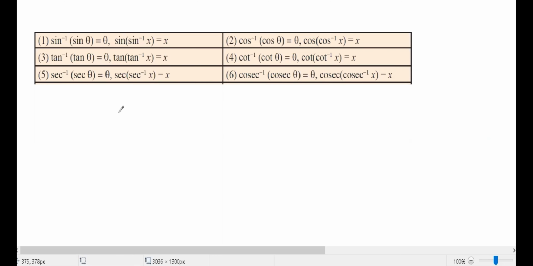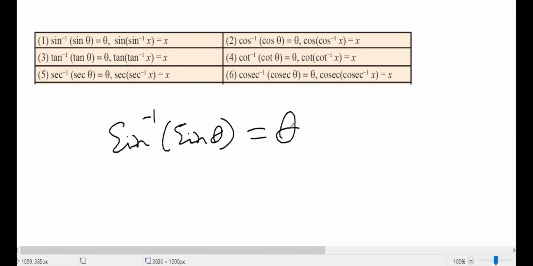What is most important is you cannot cancel like this. Sine inverse of sine theta is theta, this you can write, but you should never show that this inverse and this sine get cancelled. This is wrong, this you have to avoid. So these are the important formulae which will be useful to you.